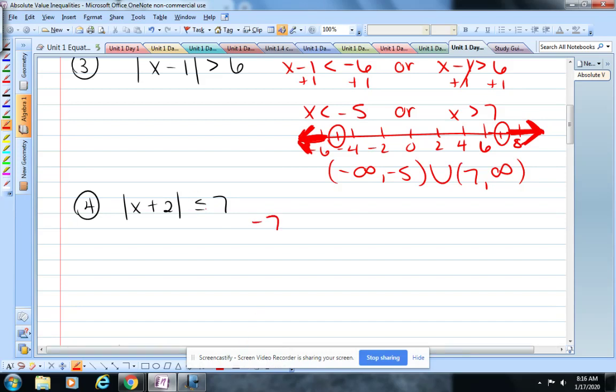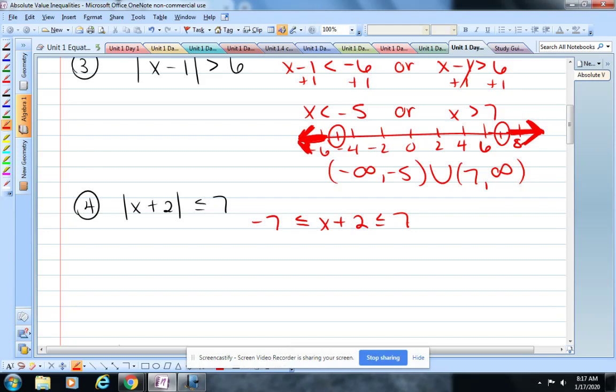Then you copy that sign, because in an and, they should all be pointing left, right? And if this says or equal to, you need to have both of them or equal to. If it just says less than, then you just have both of them less than. Does that make sense? Now what's inside the bars goes in the middle. So x plus 2, and the end of it looks exactly like the original. Less than or equal to positive 7.